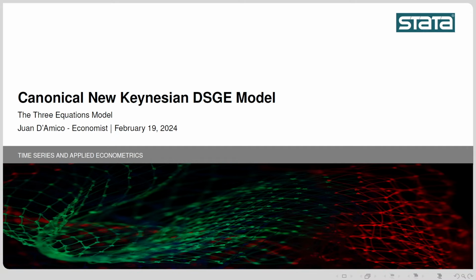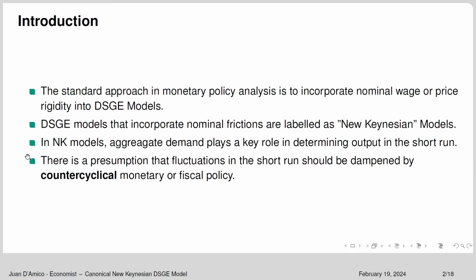So let's begin. As an introduction, the standard approach in monetary policy nowadays is to incorporate nominal wage or price rigidity into DSGE models. DSGE models that incorporate nominal frictions are labeled as new Keynesian models. In the past, we have seen real business cycle models, which are models that don't incorporate frictions.